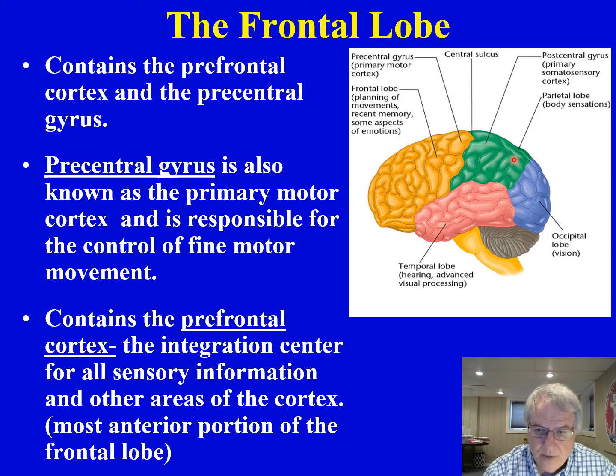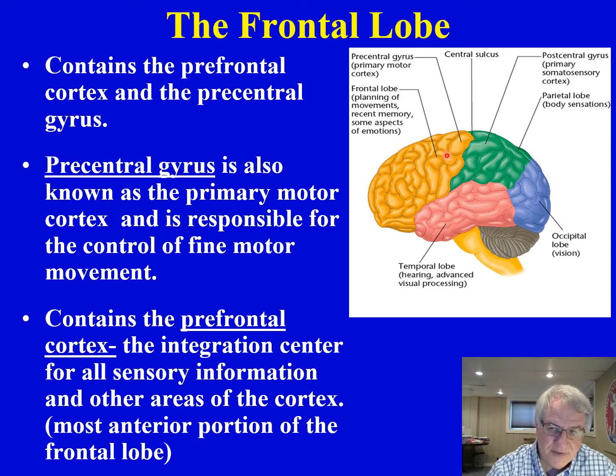The frontal lobe, again, that's this area that we see right here. Prefrontal cortex right here, and the precentral gyrus that we see right here, and primary motor cortex.